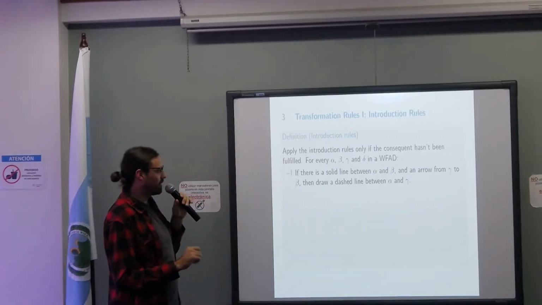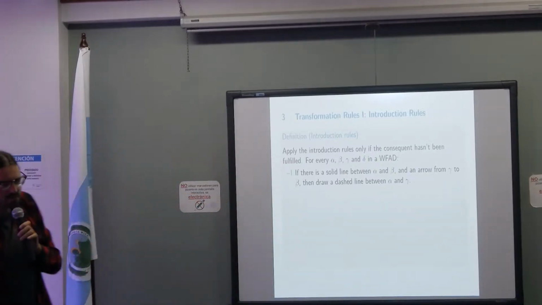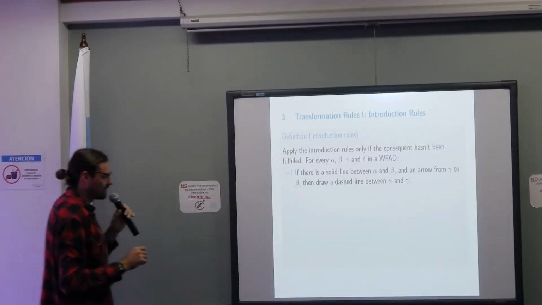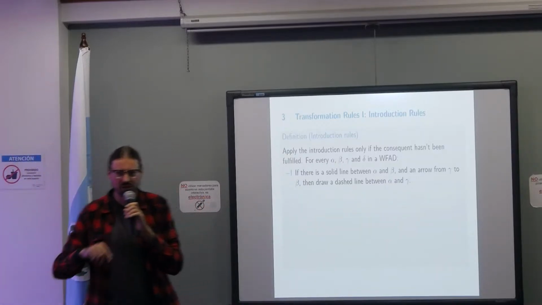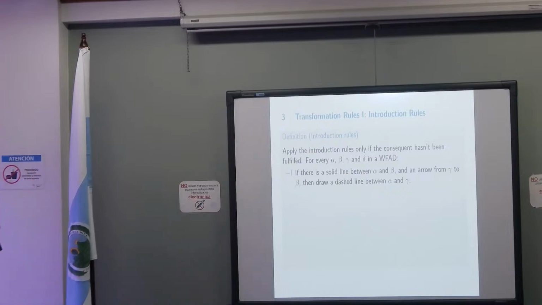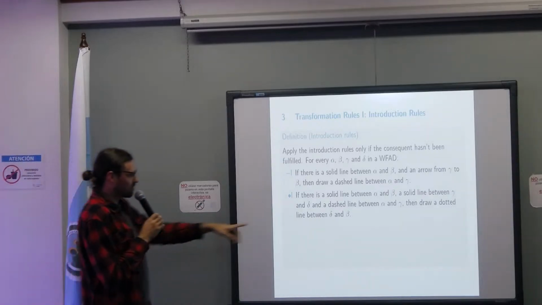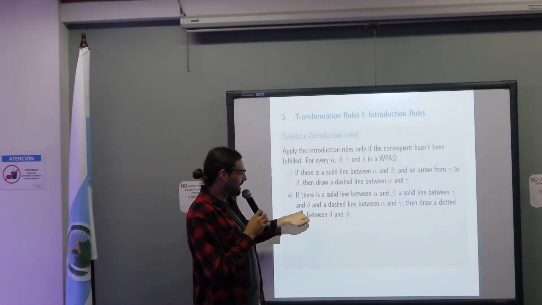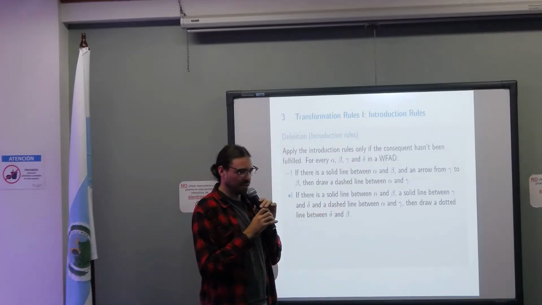I'll illustrate these on a further slide, but I'll first go through all of the introduction rules. So we have introduction for the dashed line, then introduction for the dotted line. If there is a solid line between an alpha and a beta, a solid line between gamma and delta, and a dashed line between alpha and gamma.